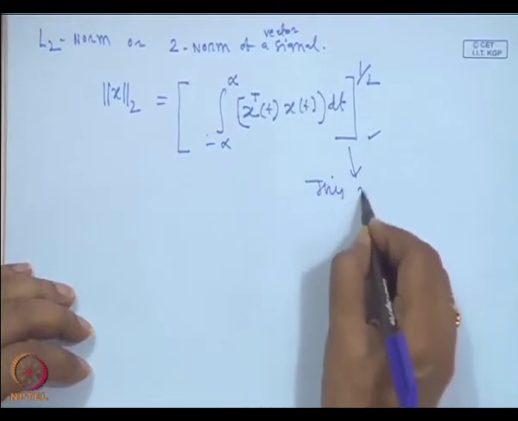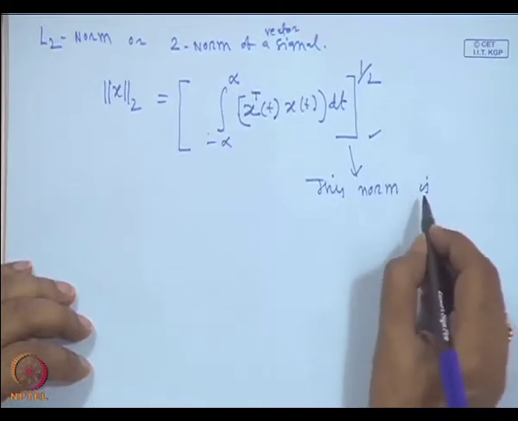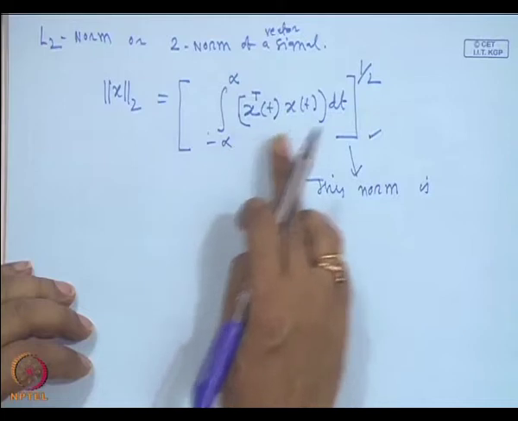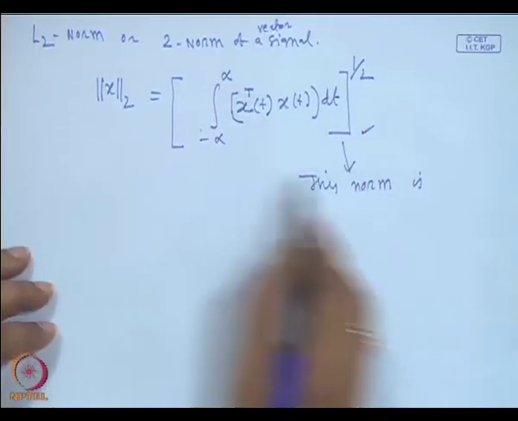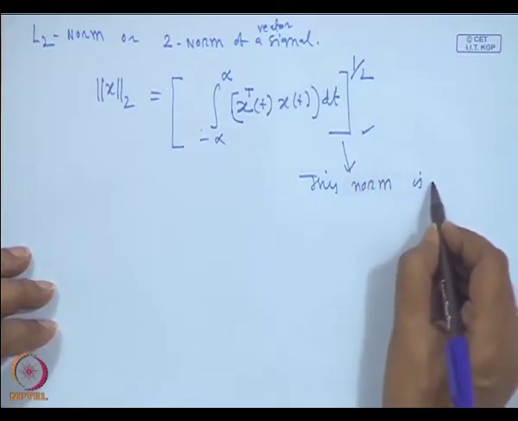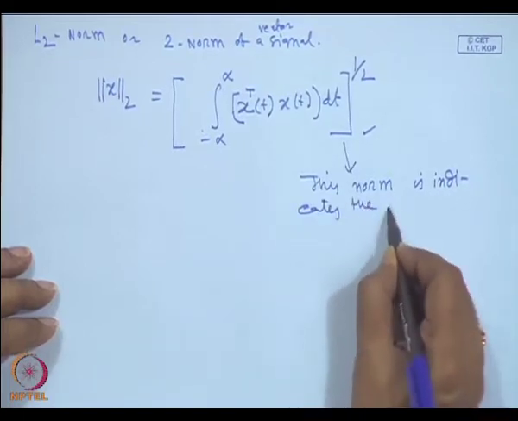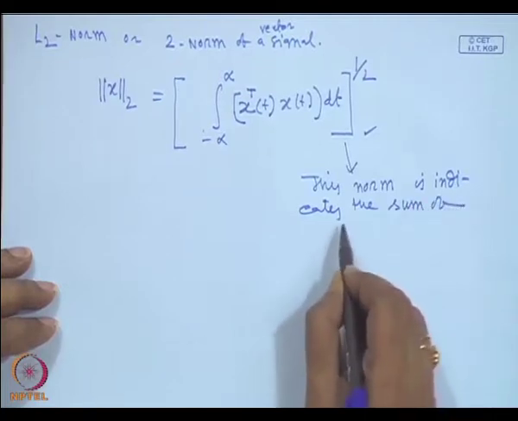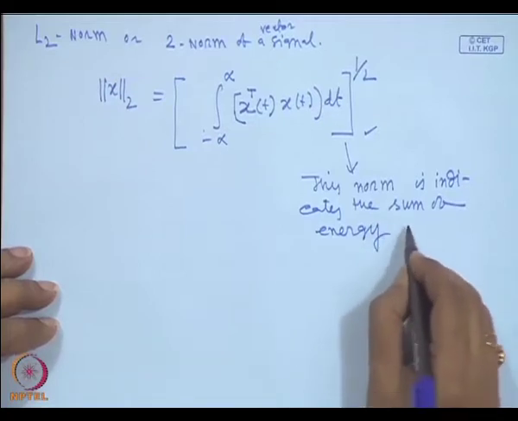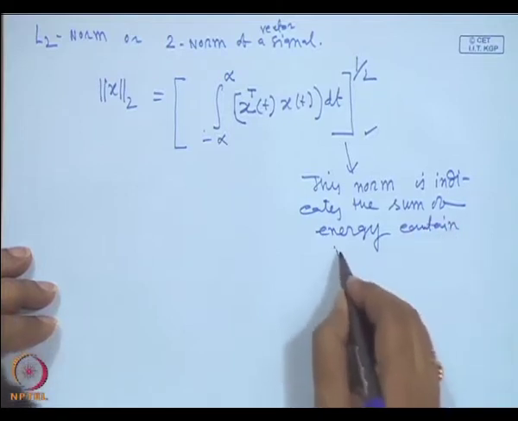This norm, with the root, is going to be the root mean square, and it indicates the sum of the energy contained in the vector signal.